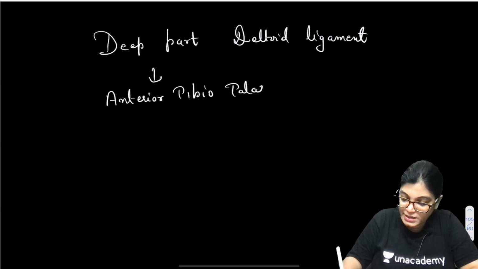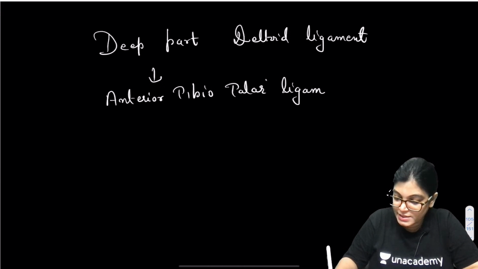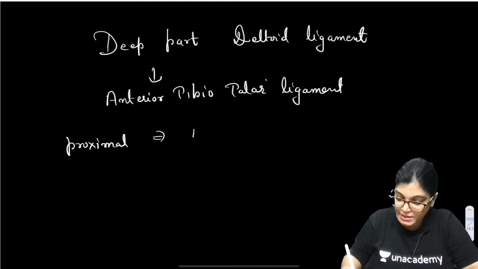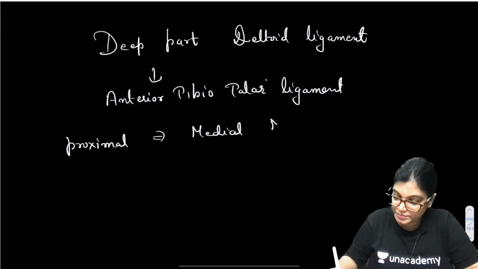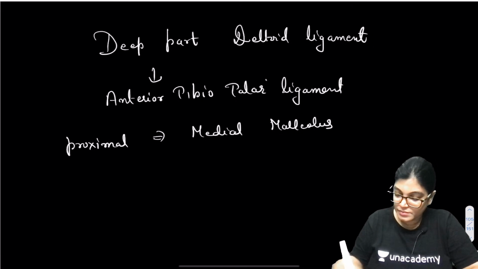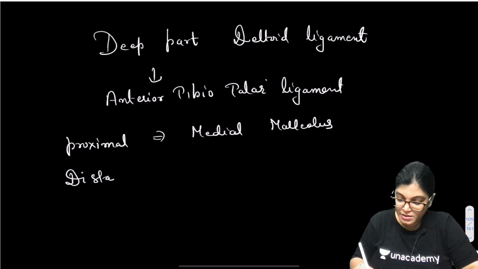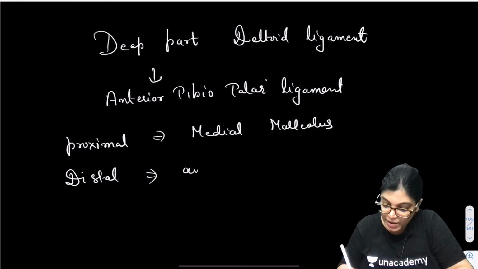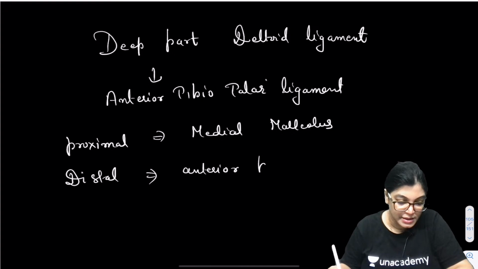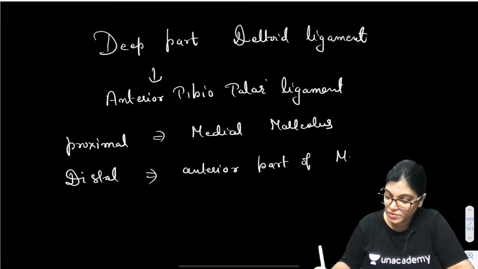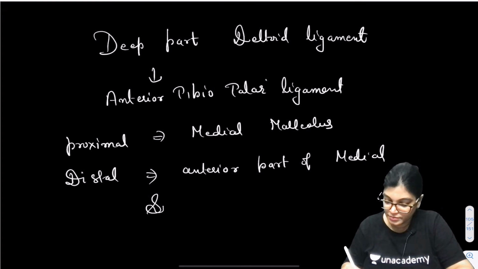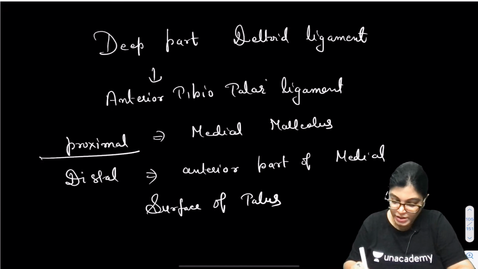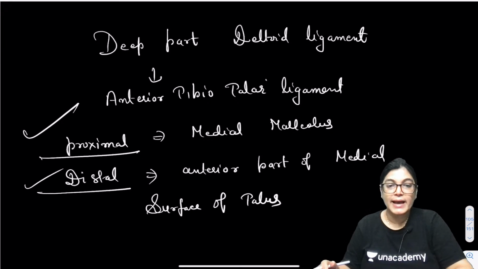By the name, it is clear that its proximal attachment is on the medial malleolus of the tibia, and its distal attachment is on the anterior part of the medial surface of the talus.